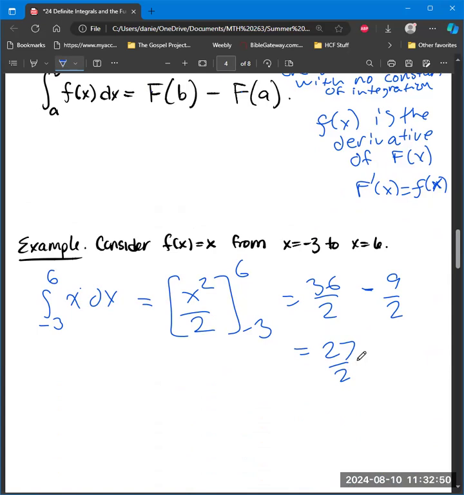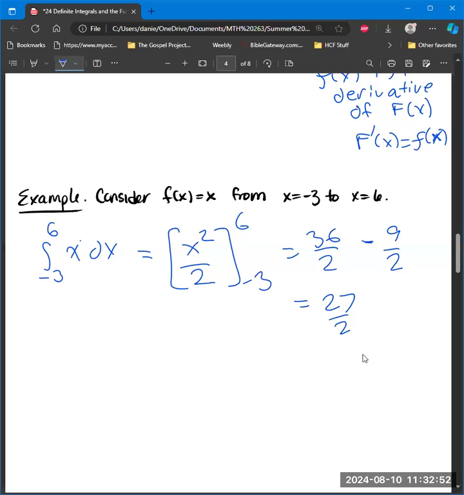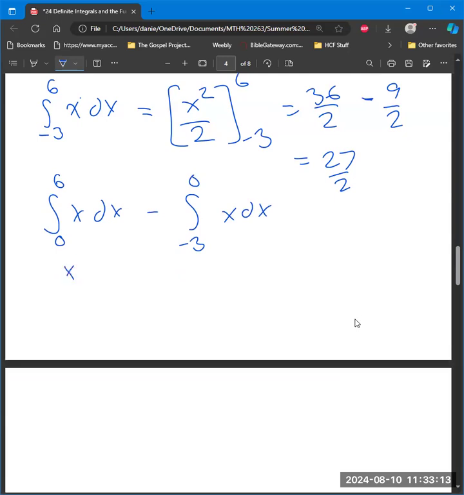Well, how do we fix that? We already talked about that. If we wanted to get the total area, we would have to use the net area formula, and we would have to say, okay, I want the part from 0 to 6 minus the part from -3 to 0. I'm going to get x squared over 2 from 0 to 6 minus x squared over 2 from -3 to 0.